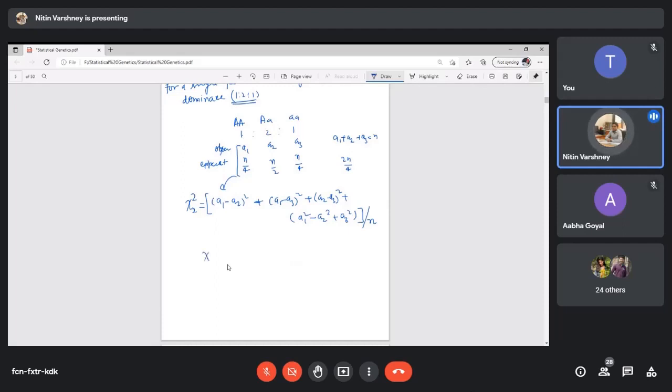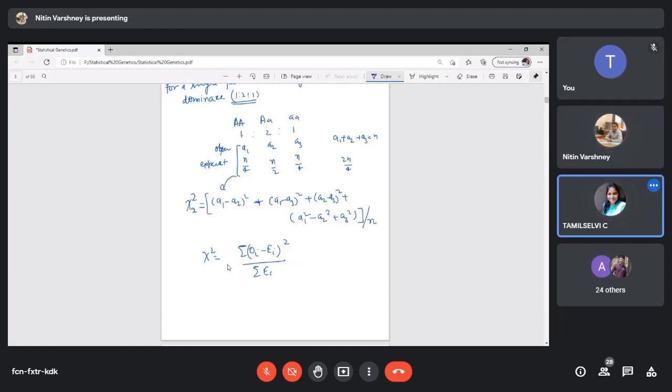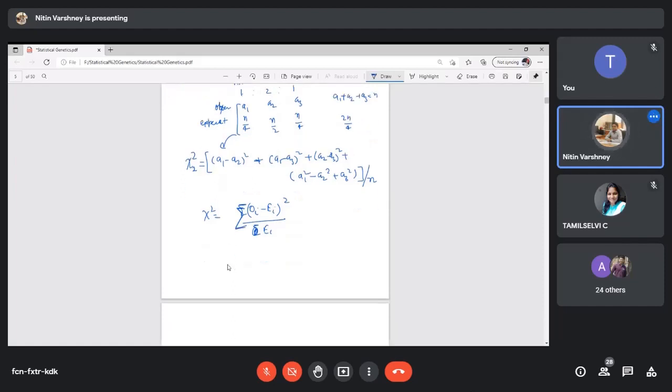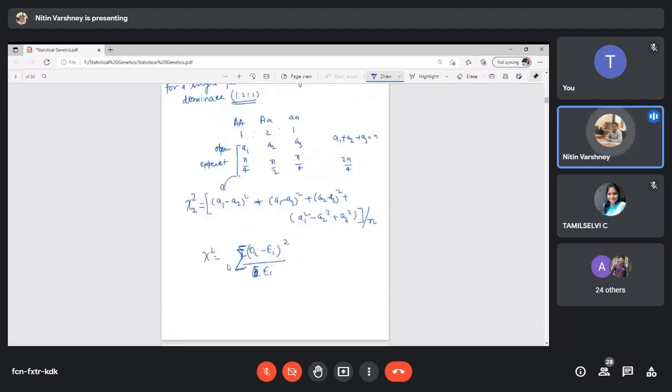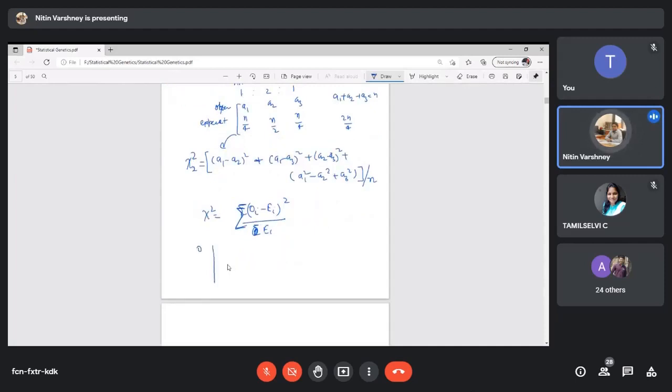Basically, what was the formula of chi square? That is summation of (oi minus ei) whole square divided by ei, isn't it? Yes, sir. So if I write this here, this is our observed frequencies and this is expected. Observed is A1, A2, A3, and expected is n by 4, n by 2, n by 4, as the ratio is 1:2:1.